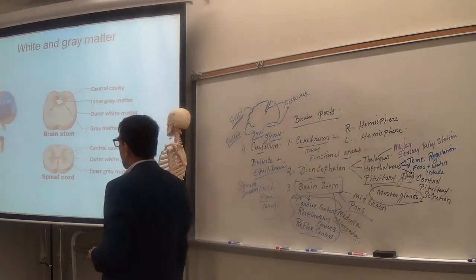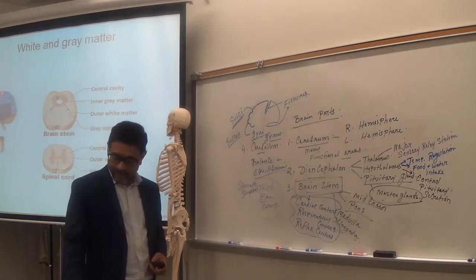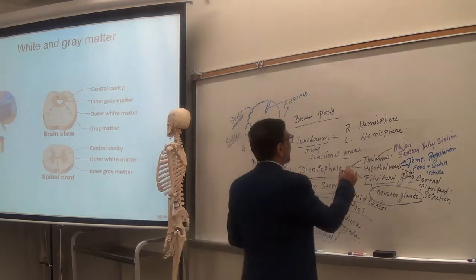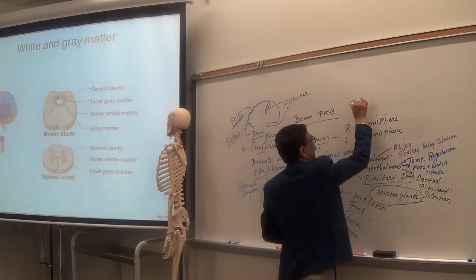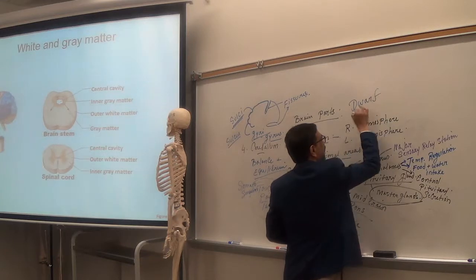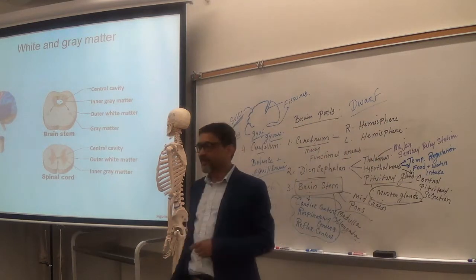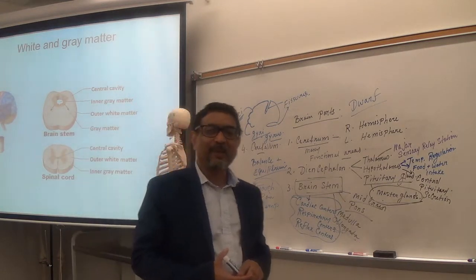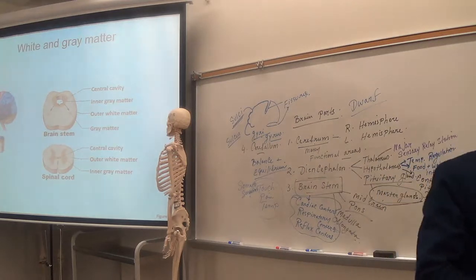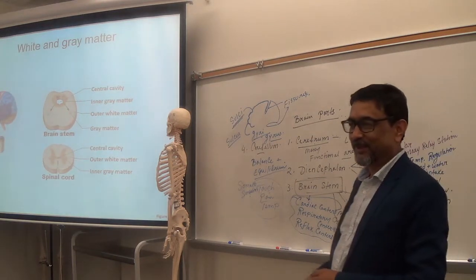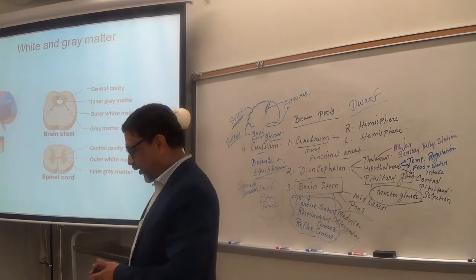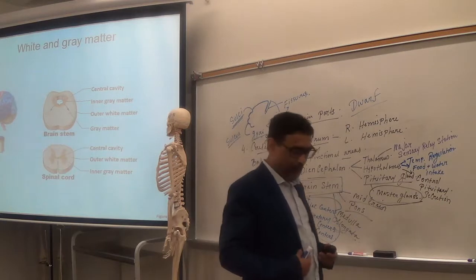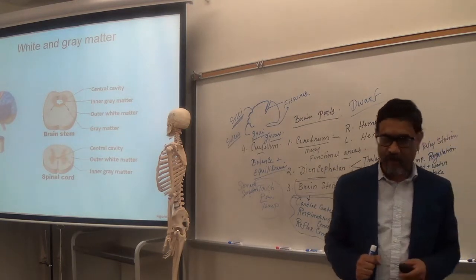Those are called homunculi. Have you heard this word? Homunculus means dwarf person. If you see that map of your whole body in those two areas, the map looks like a small dwarf person. That's why it is called homunculus. Homunculus is singular, homunculi is plural.